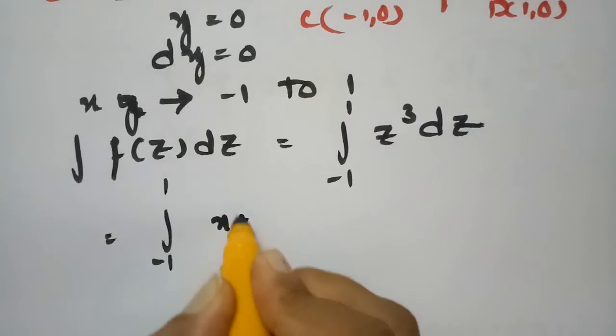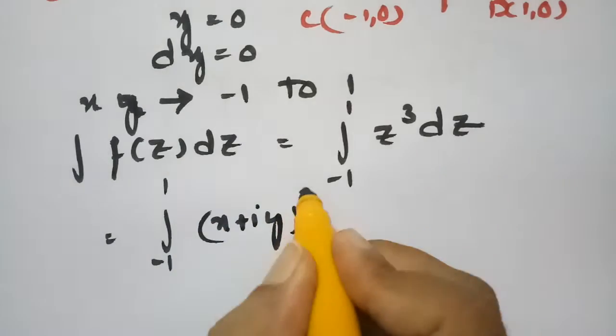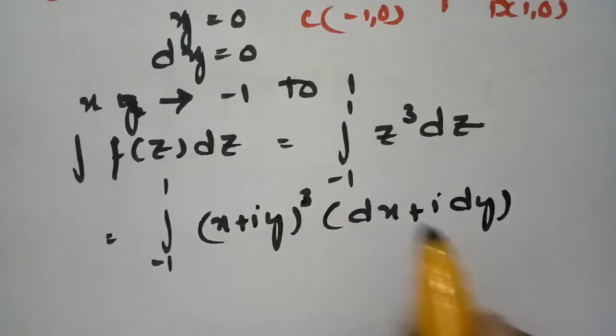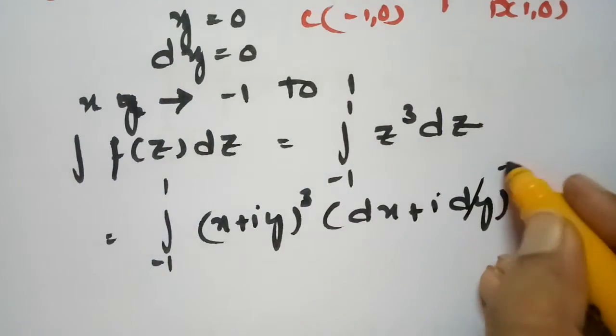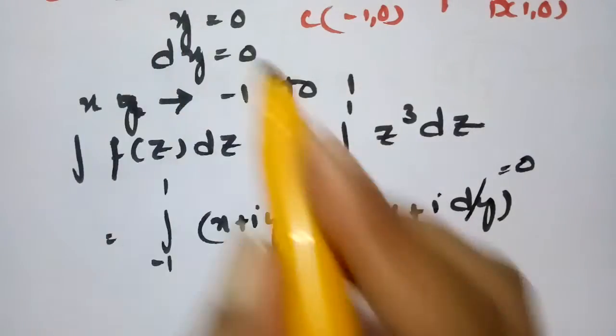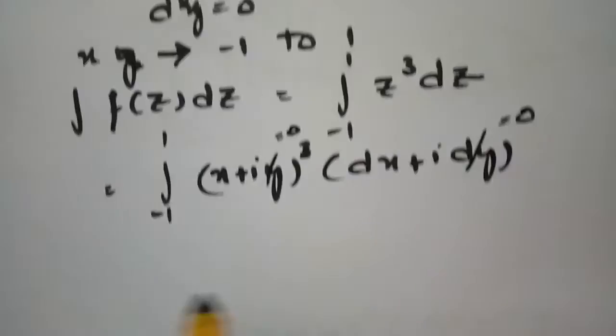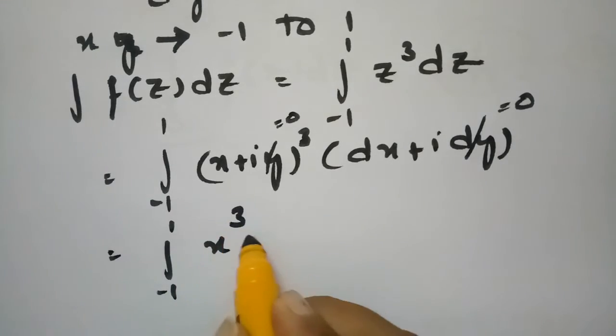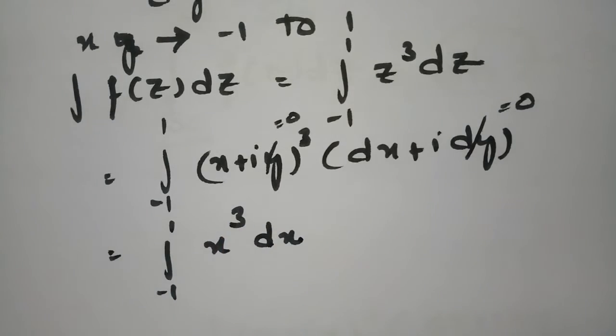What is z? z is nothing but x plus iy whole cubed, and dz is nothing but dx plus i dy. Here if I keep dy equal to 0, and y equal to 0, then the integral from minus 1 to 1 is x cubed dx.